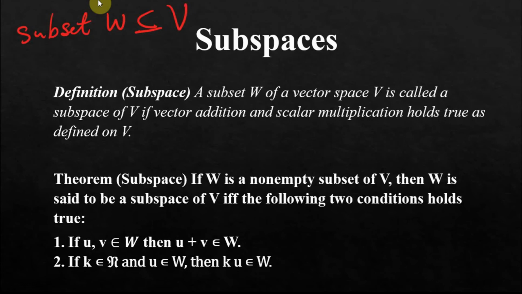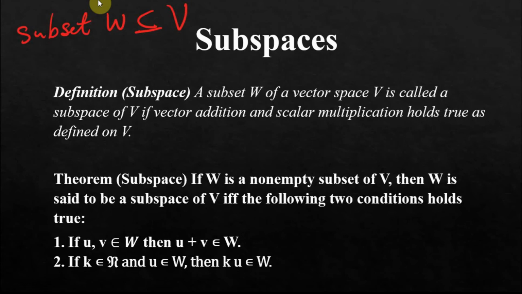The theorem basically says what the definition says, but the theorem puts feet and legs and hands to the definition. So the definition is somewhat theoretical or general, and then the theorem is very specific. If W is a non-empty subset of V, so W has to have something in it. It cannot be the empty set.